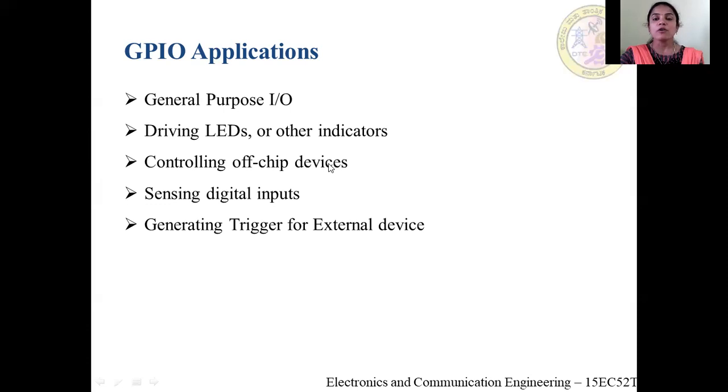Apart from that, for real-time applications, we have to connect some other devices to the LPC2148 IC. Those devices are called off-chip devices or off-chip peripherals. So the controlling of all external or off-chip peripherals is also done by using the GPIO pins.